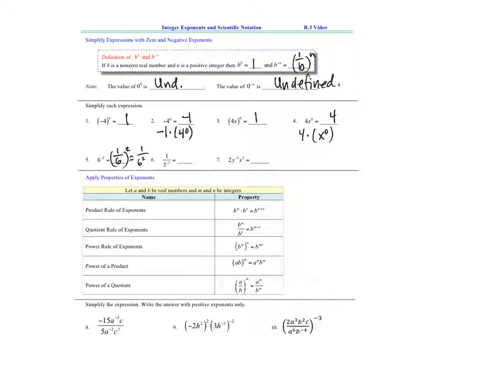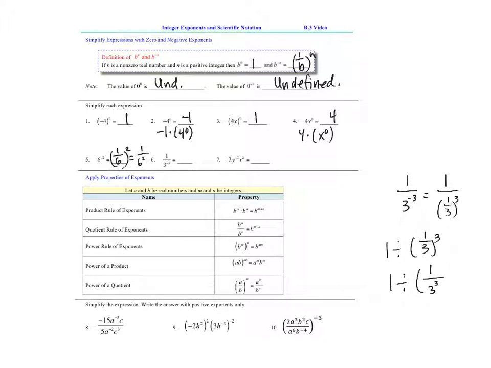And now I have 1 over 3 to the negative 3. Well, that would be the reciprocal to the positive power. So it's like saying 1 divided by 1/3 cubed. 1 cubed is just 1, 3 cubed.